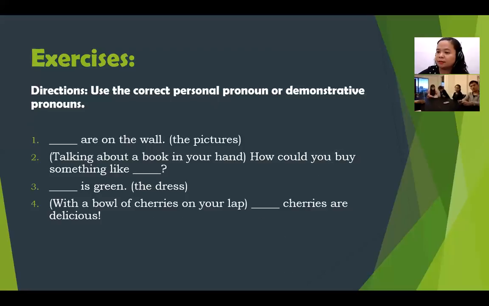Next one, Noddy. This is on your left. Cherries are delicious. These cherries are delicious.